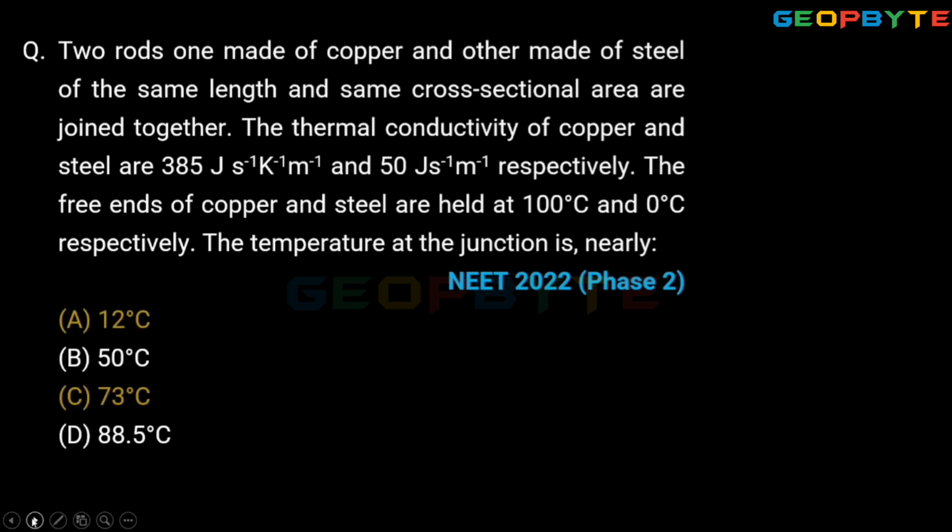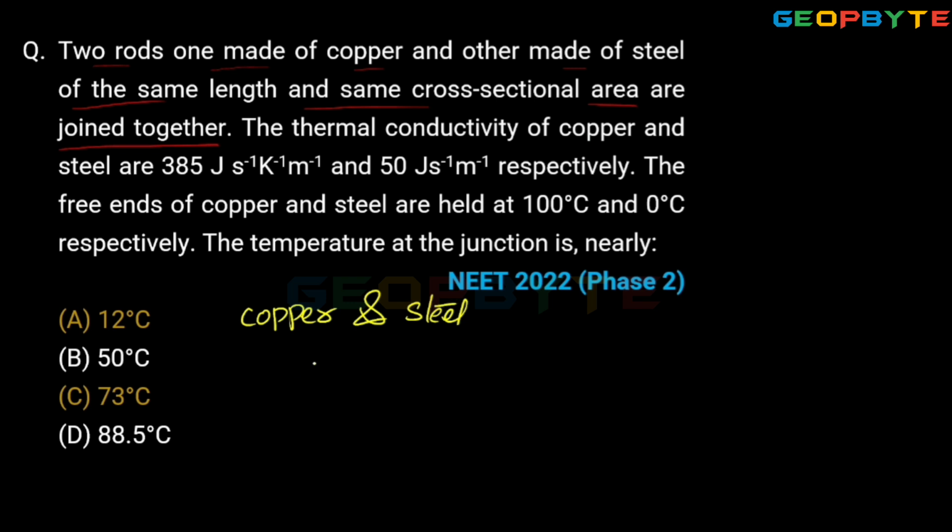Look at this question asking like this. Two rods, one made of copper and other made of steel of same length and same cross sectional area are joined together, given like this. There are two rods, one is copper and other one is steel.